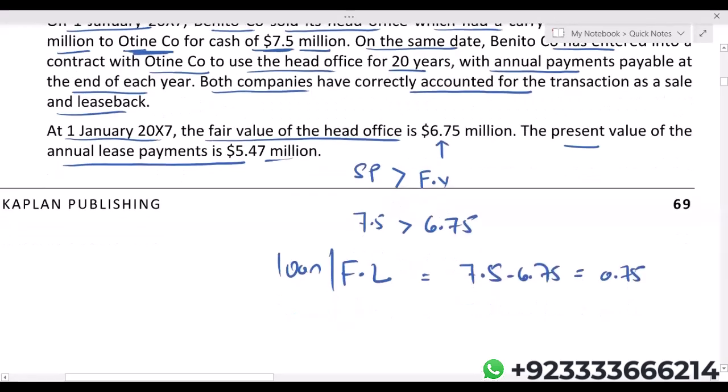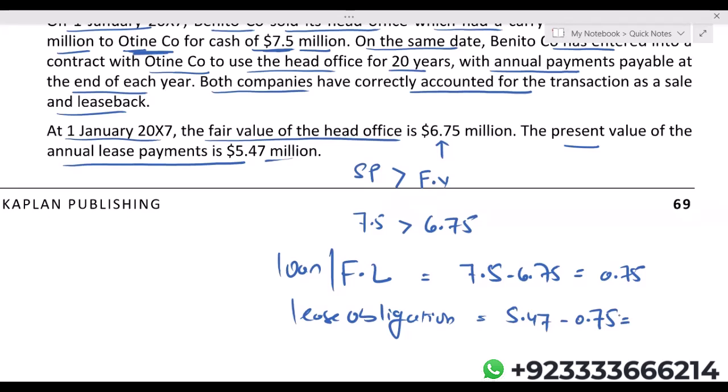Now, if you ask me the lease obligation, logically, lease obligation will be 5.47 minus the loan. So 5.47 minus 0.75, I'm getting 4.72.